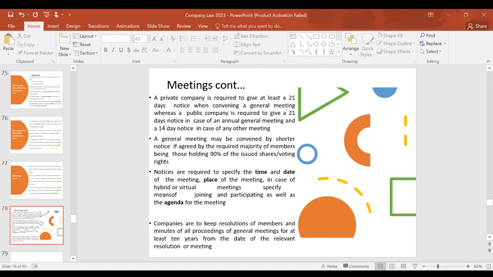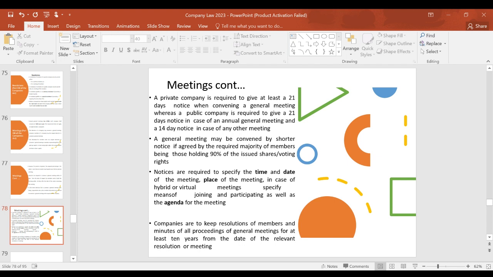So every resolution that is made by these members in that particular meeting must be minuted. Every agenda and every discussion within that general meeting or special meeting, whichever meeting they have, must be minuted and kept within the records of that particular company.